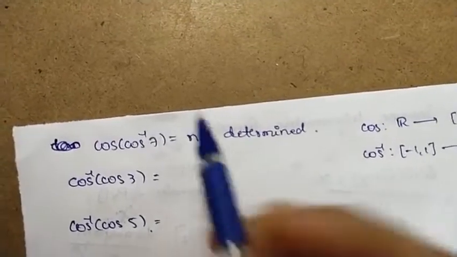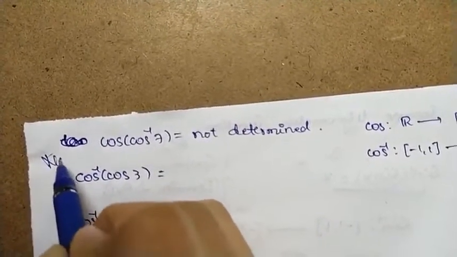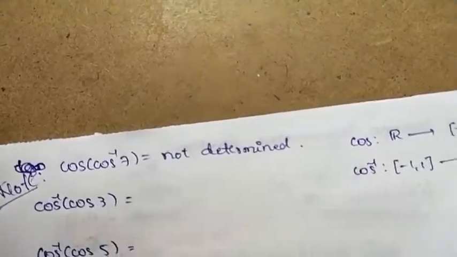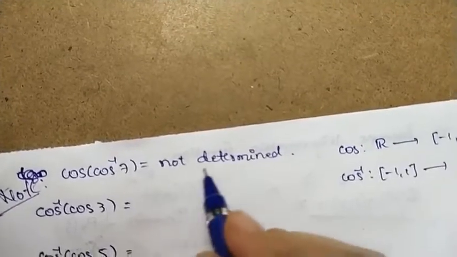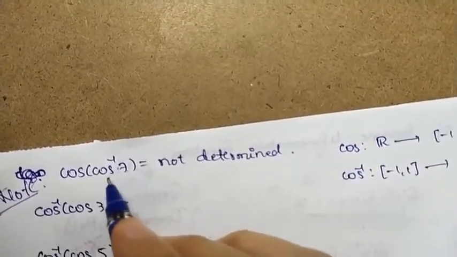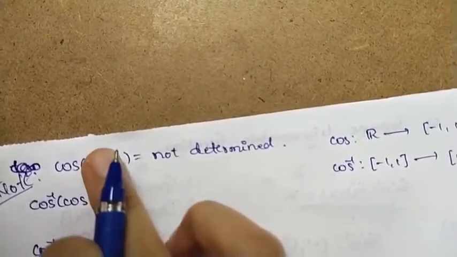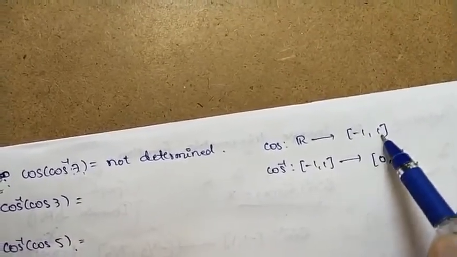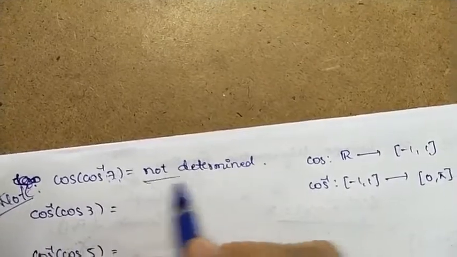Another important thing which we need to note down is, as I said, cos of cos inverse of 7 is this type of question. That is, 7 does not belong to the range from -1 to 1, so it is not determined.